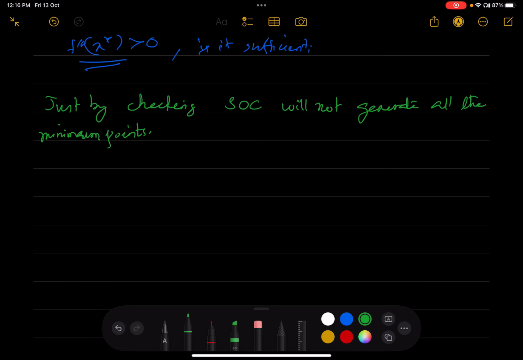For example, being a square is a sufficient condition for being a rectangle. If it is given that it is a square, then we can say it is a rectangle.